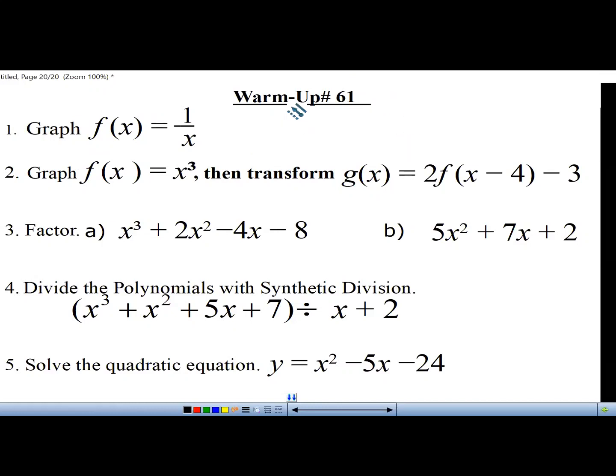Number 1, it says graph. So your graph should look something like this, right here and right there. Something like that, yeah? And you made a table, yes? Let's see, does your table look like mine? Over here, I'll do that over here.